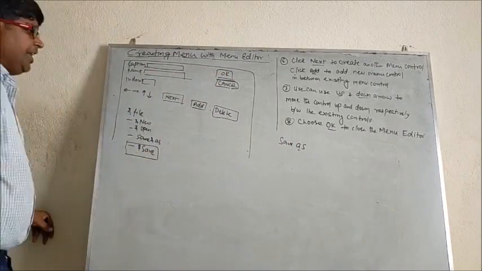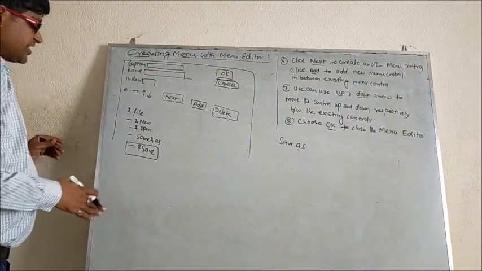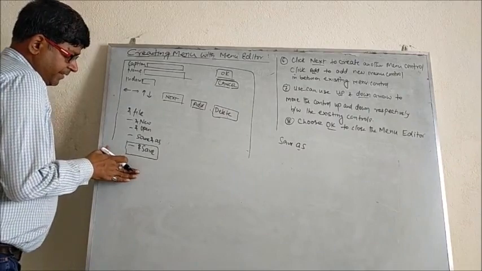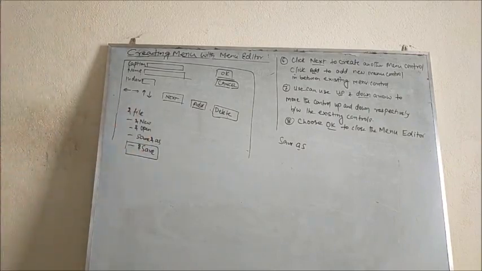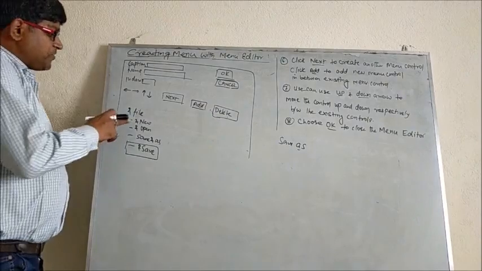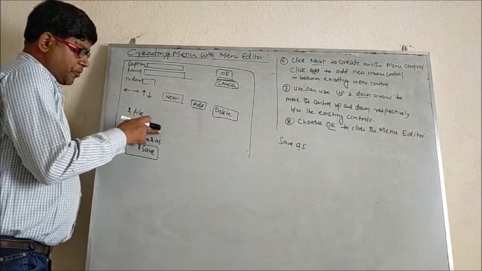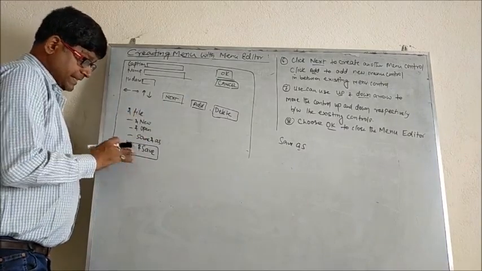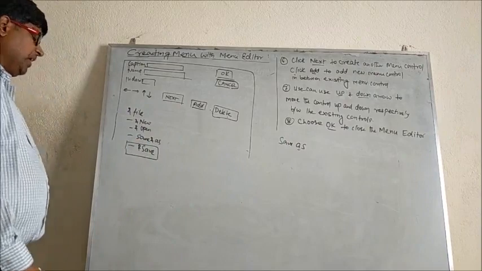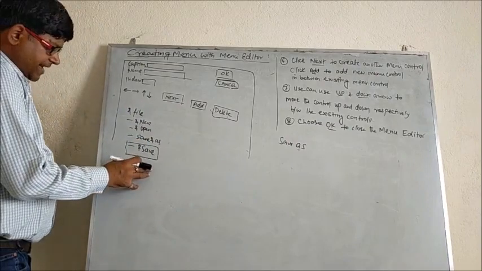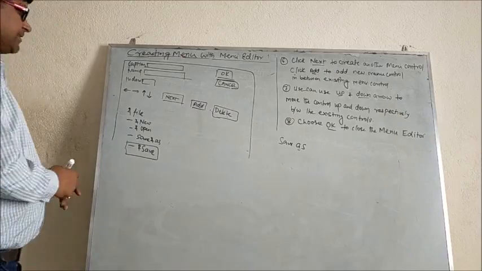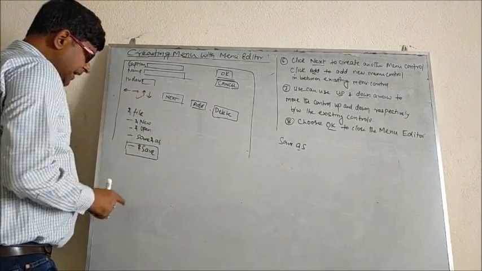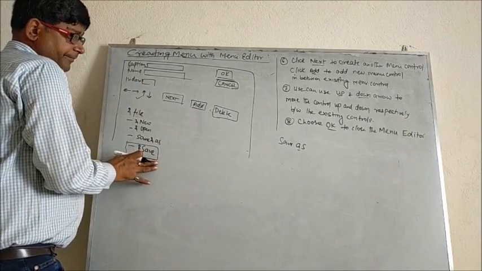Now what do you want? You want to shift this Save from here to in between Open and Save As, because in most Windows operating applications, the File menu starts with New, then after Open, if needed, Save and Save As. So here also I want to shift this Save in between Open and Save As. So what will I do? I will just use this arrow, because the selected item is Save, right?